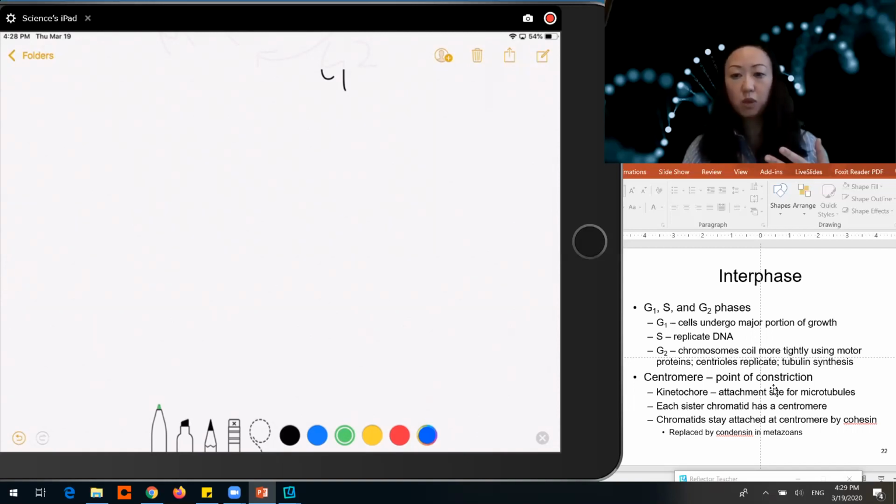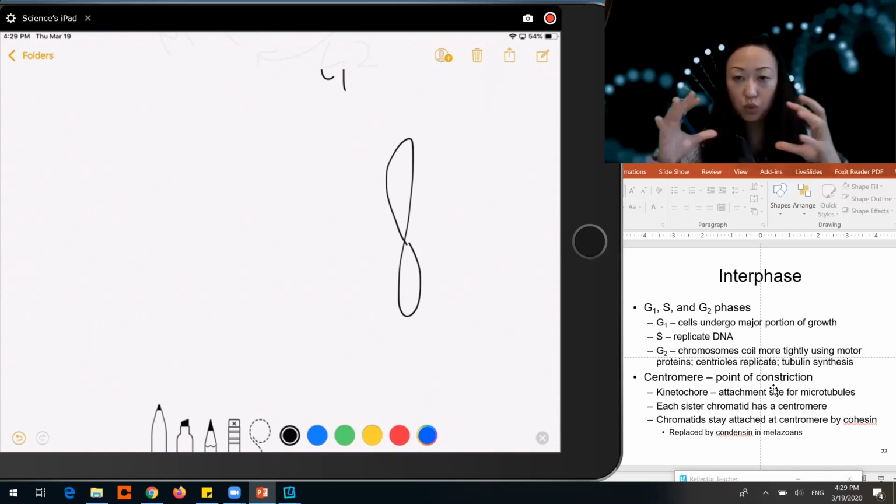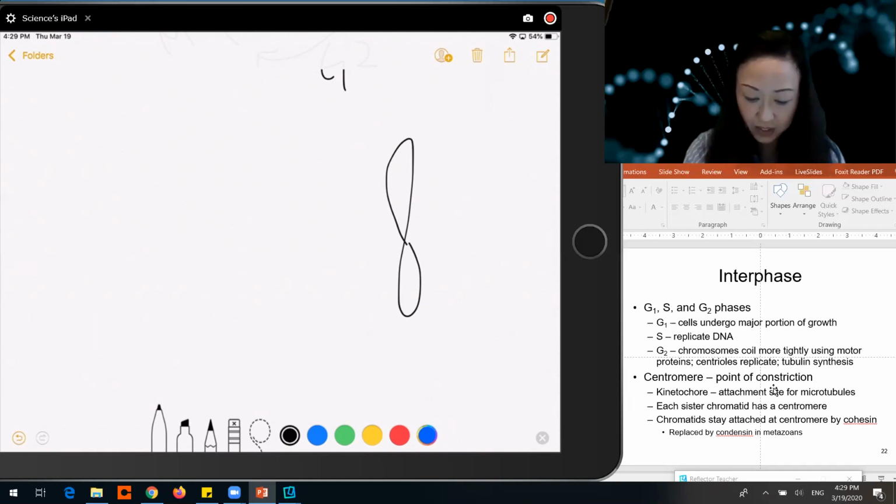And then we'll later touch upon how there's a structure on your chromosome called the centromere. So this is your chromosome. Like I said, the chromosome is highly condensed, right? Because you're ready to move. That's what happens when you're getting ready for mitosis: you highly condense. That's going to happen in prophase. In the middle of that is called the centromere. And the centromere is actually attached by protein, in the blue, called kinetochores.